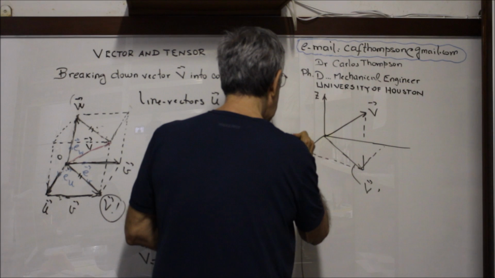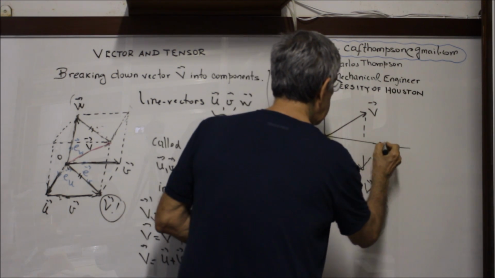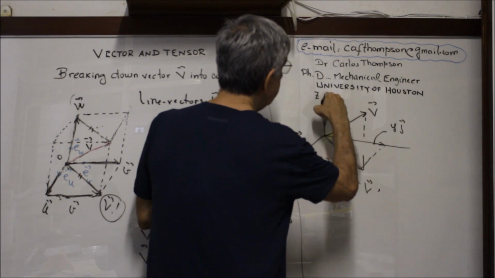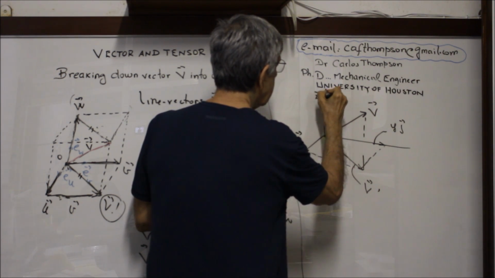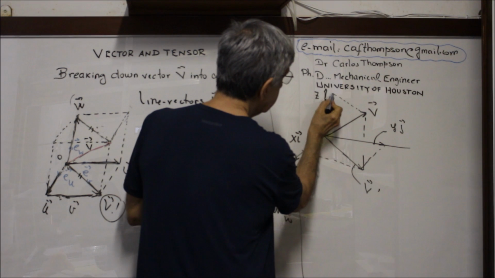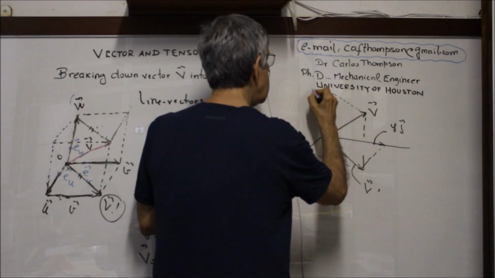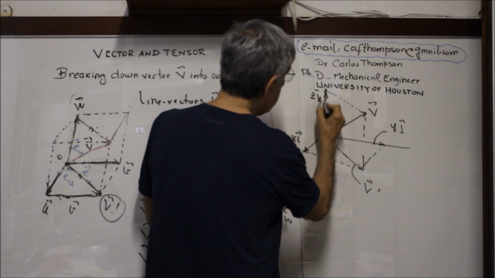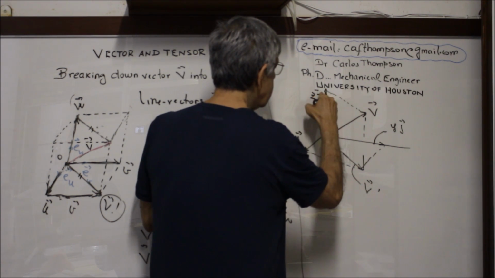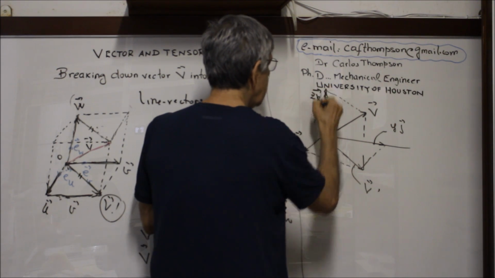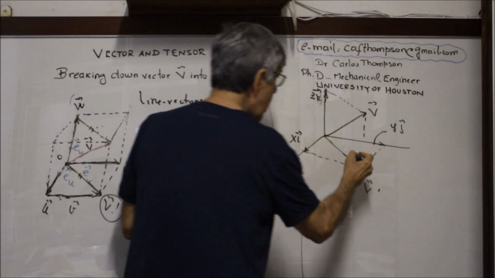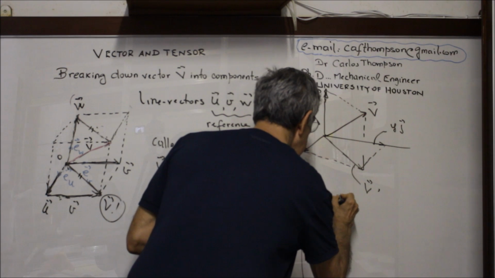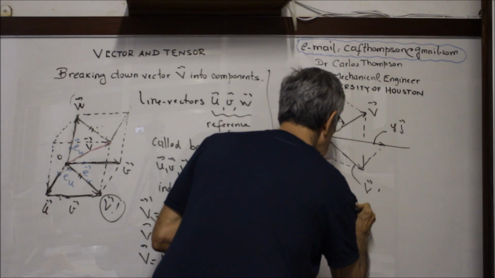There is a line parallel to the y-axis, and this one is parallel to that line. So I'll call this xi, and here yj. And from v prime, I take a parallel line, and this is my vector zk. Look, v prime plus zk is equal to v. Now, v prime is equal to xi plus yj.